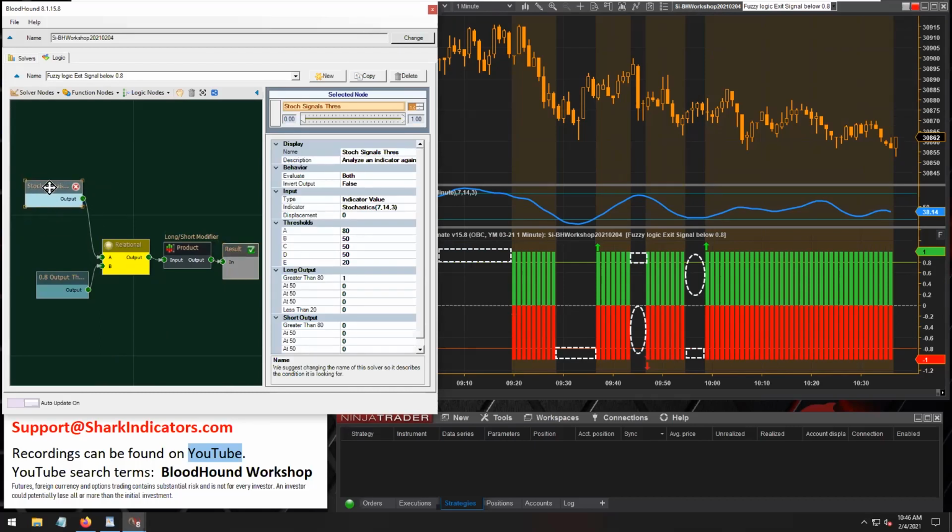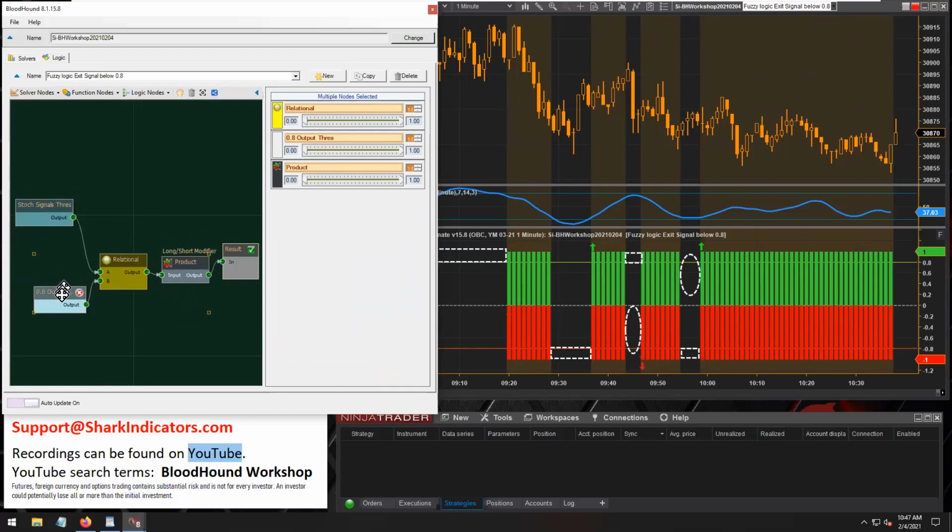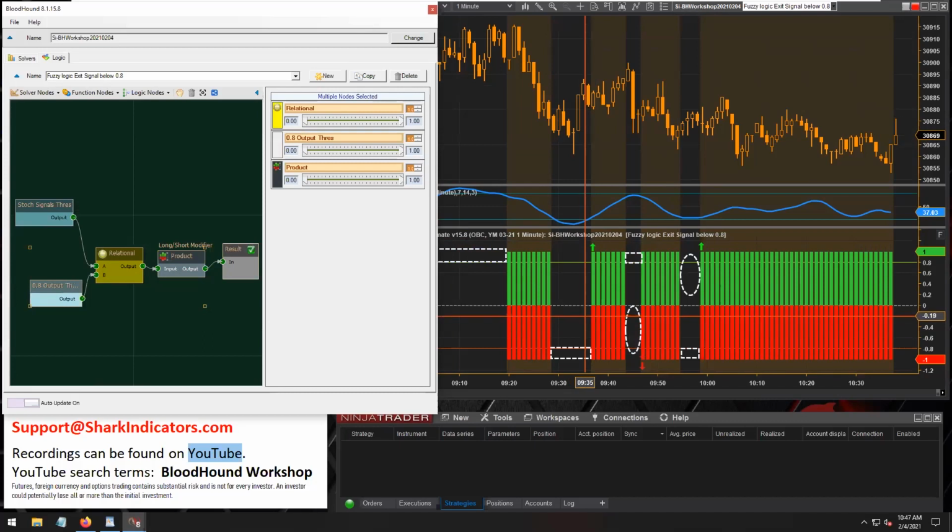This one solver here is representing the entire entry signal logic. So within our exit signal, we need the entire entry signal logic here. And then we just add these 3 other solvers here, and we can generate the exit signals, as expected here.